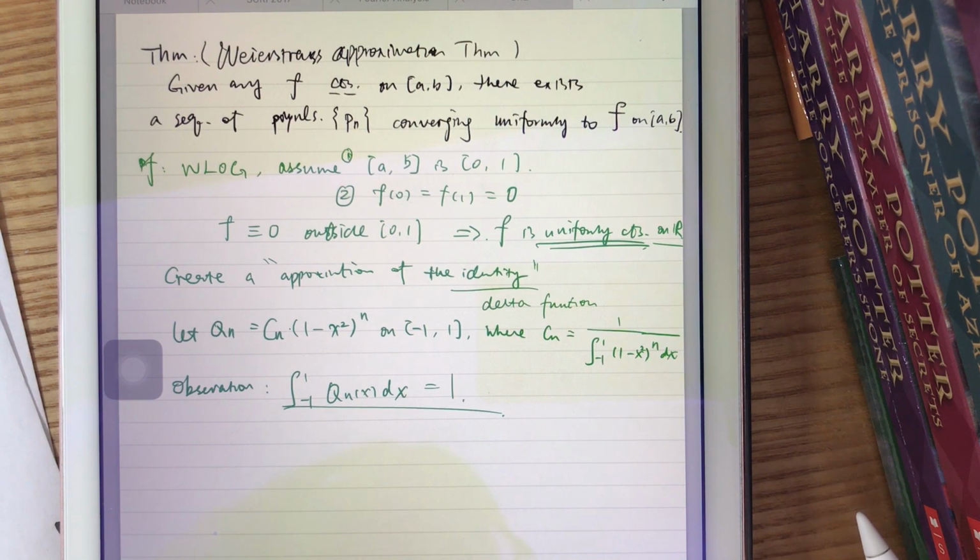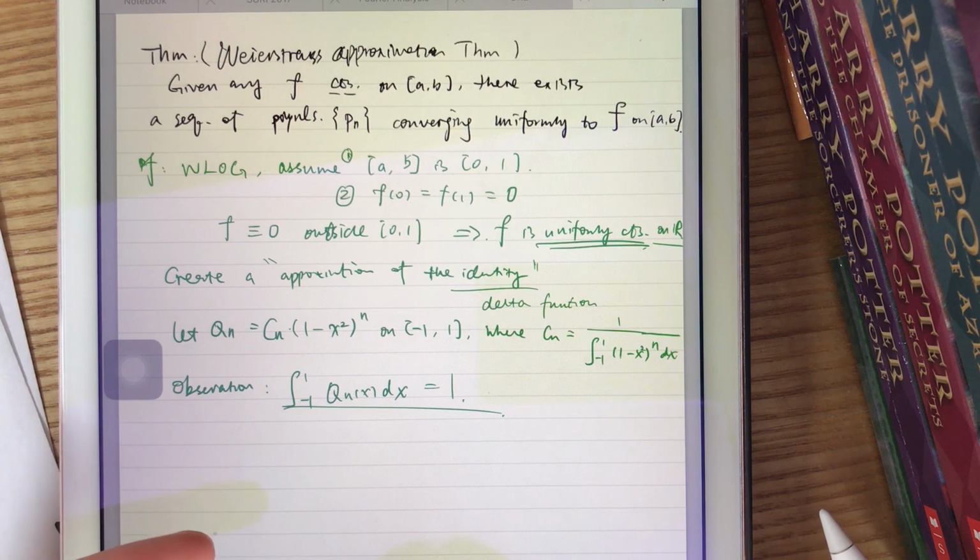Well, it has n, but I'm sorry, it's not a value. It's not a value, but you integrate with respect to x, so x will disappear, right? And there will be only n left. And since we take the integral of Qn, you can move the Cn outside the integral, right?